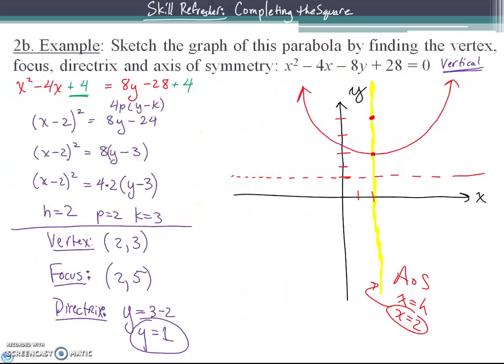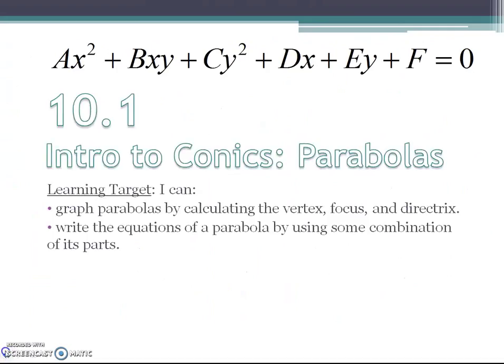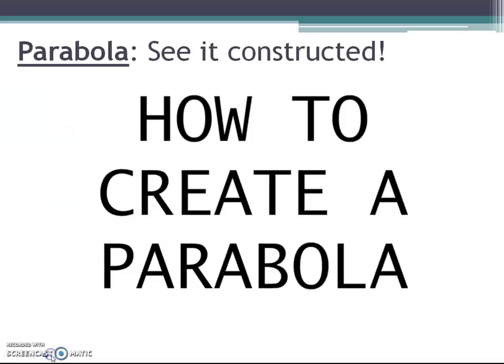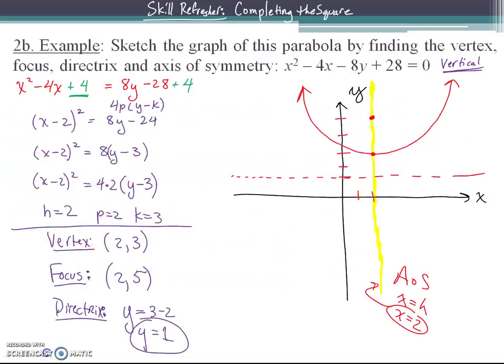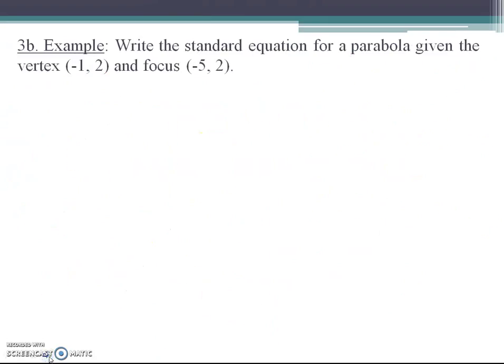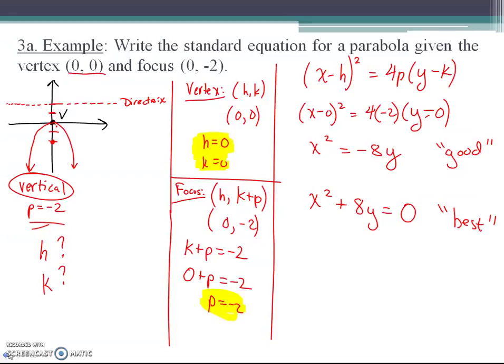What I'm referring to, by the way, is this business right here, that really standard form of a conic. So that would be our best version of our final answer. And that's how you go from information or picture to formula.